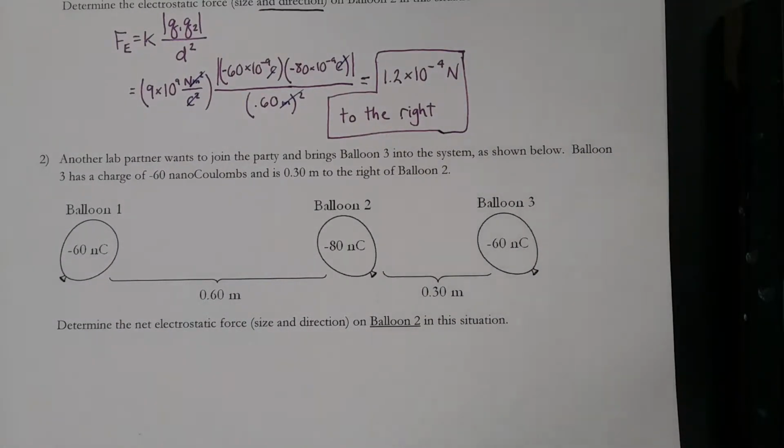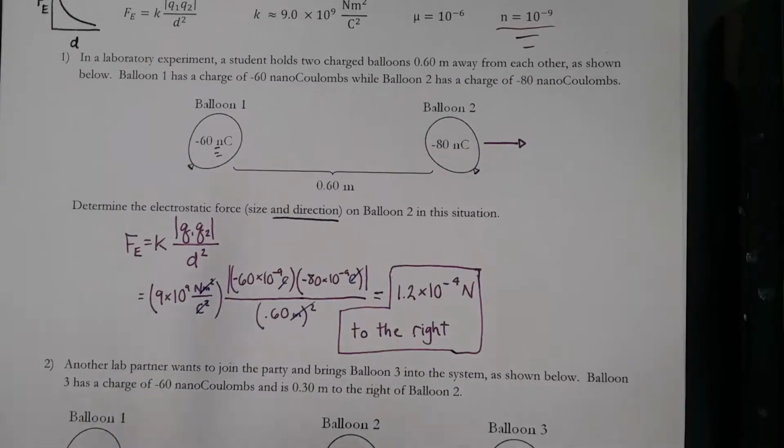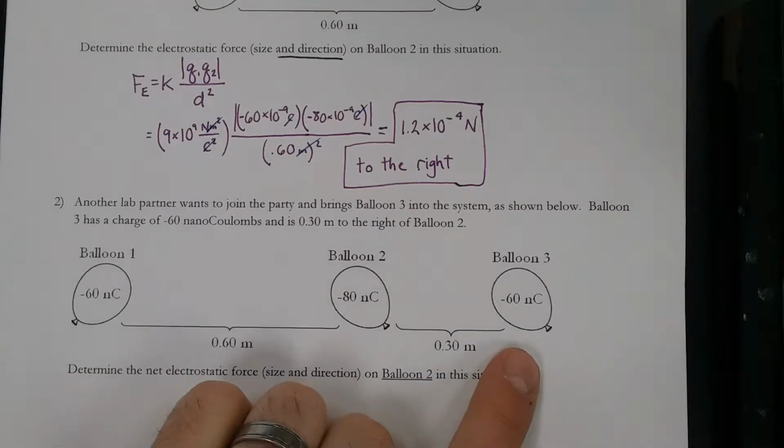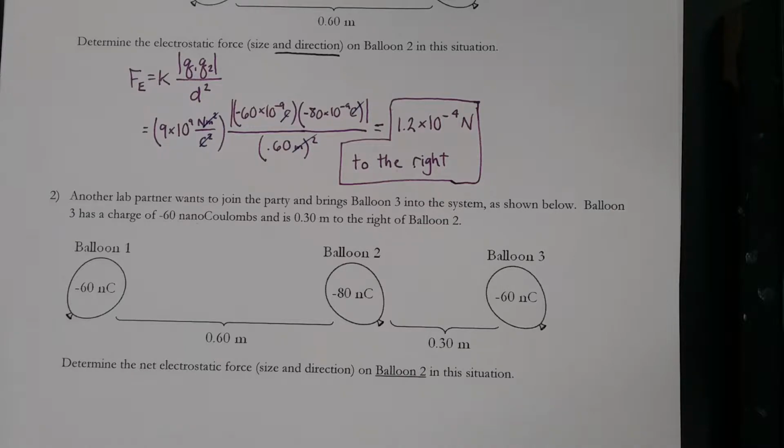Now, this second balloon gets brought into the party. Balloon 1 and 2 are still there. Those are the same two balloons that are up in that situation. But now balloon 3 is brought here, and it's brought a lot closer.